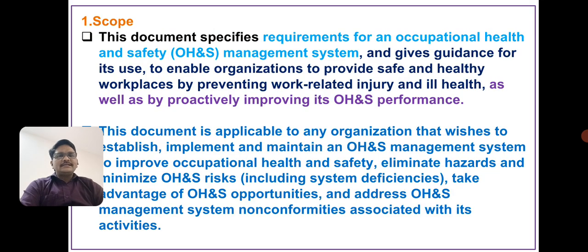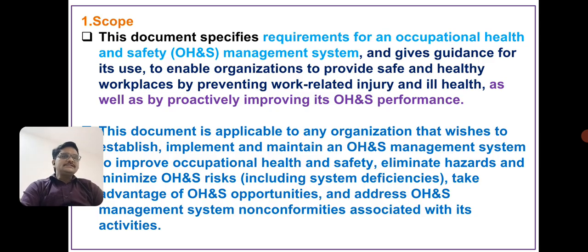Now the first clause is scope. This document specifies the requirements for an occupational health and safety management system and gives guidance for its use, to enable organizations to provide a safe and healthy workplace by preventing work-related injury and ill health.